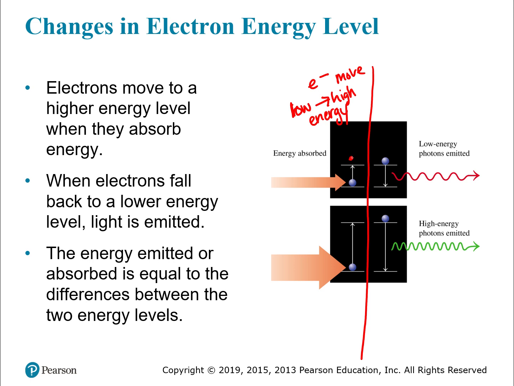If you don't lift it high enough, then you're not getting to that next level. There is no in between. You can't go up 3/4 of a stair. You're either going up the whole stair or you're staying on the stair that you're at. It's the same thing with energy levels. If the electron doesn't absorb enough energy to go from that lower energy state to a higher energy state, it's not going anywhere.